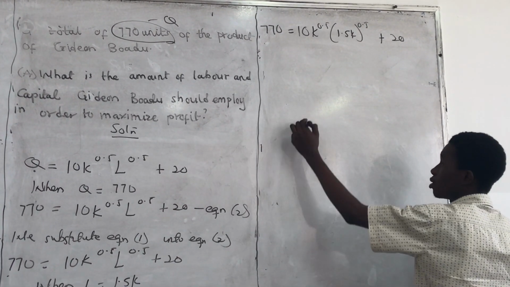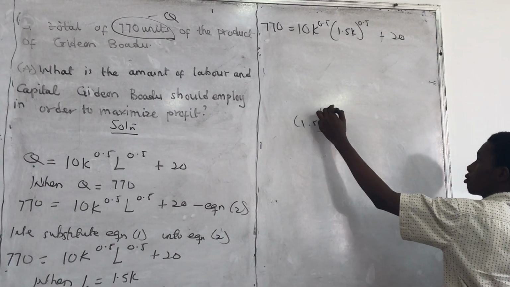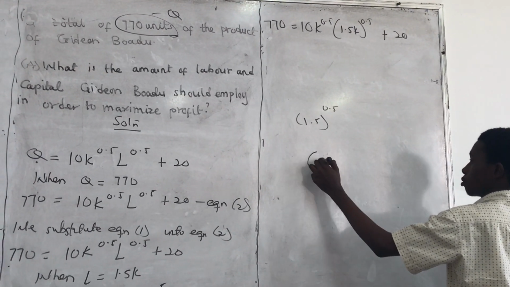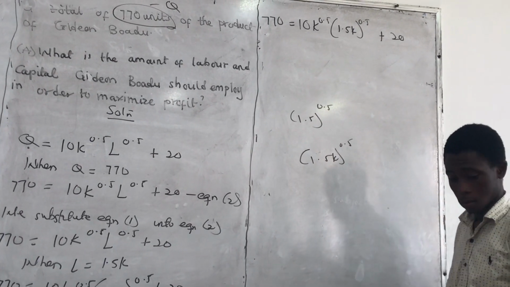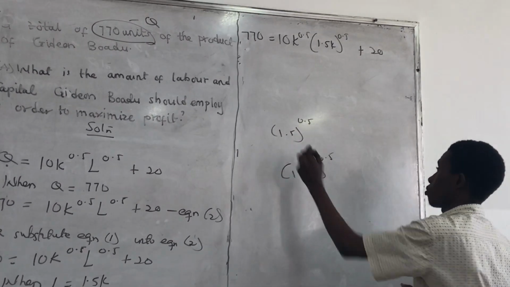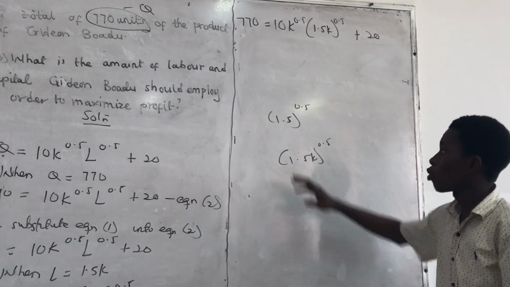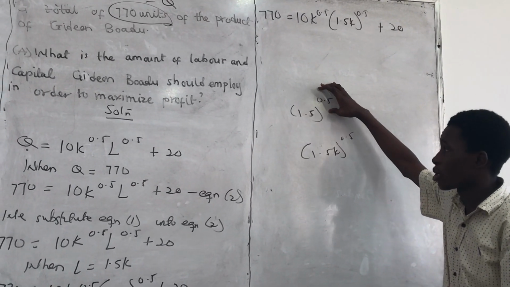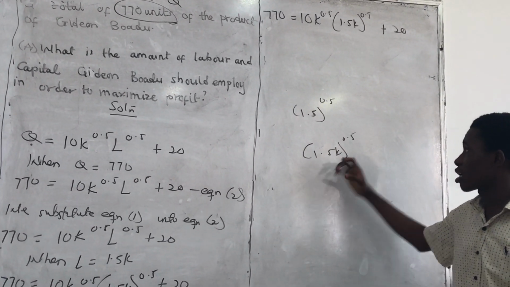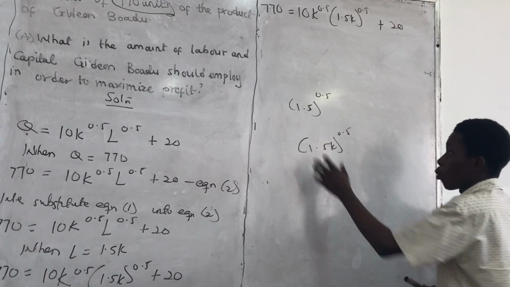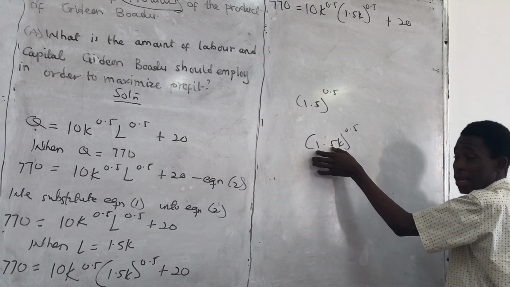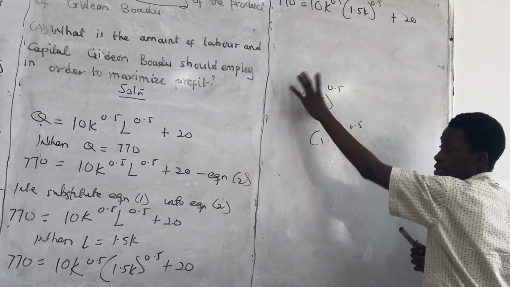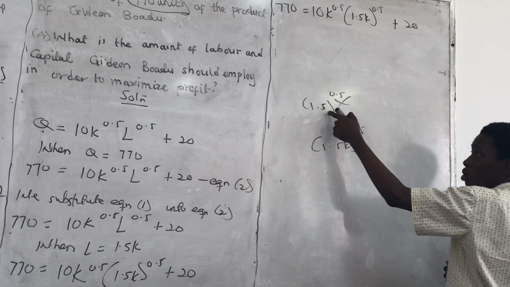There's a difference between 1.5 exponent 0.5 and 1.5K exponent 0.5. Here, there's a variable attached to a number, so you can't just do it straight away like this. You don't use this.